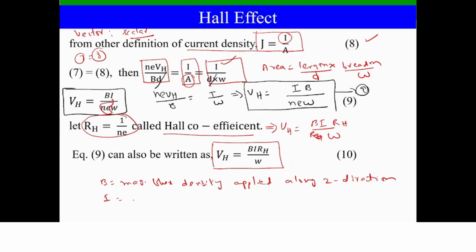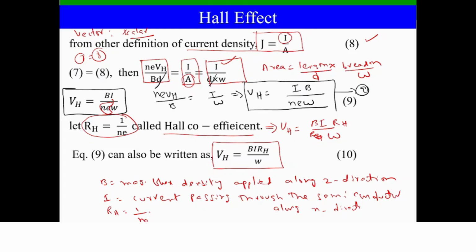I is the current passing through the semiconductor along which dimension? X dimension. Then what about RH? RH is the Hall coefficient. What is the meaning of RH? RH is equal to 1 divided by NE. This is a constant.